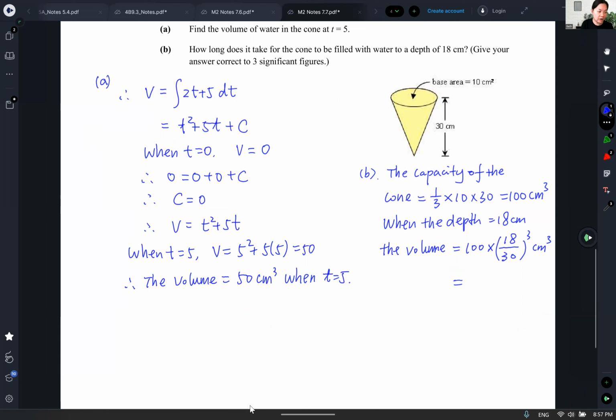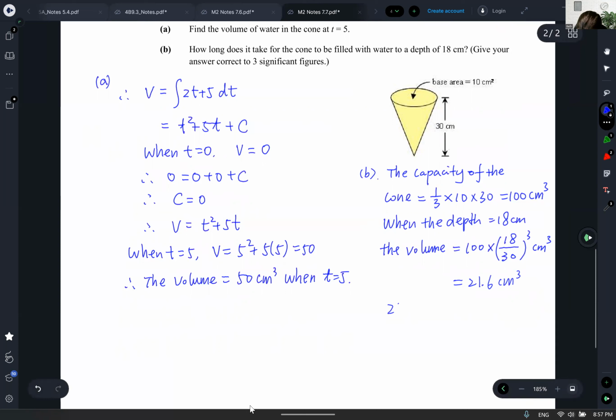So 3/5 cubed gives 21.6. Okay, that's the volume. And then at what time? And then you can go back to find the time.